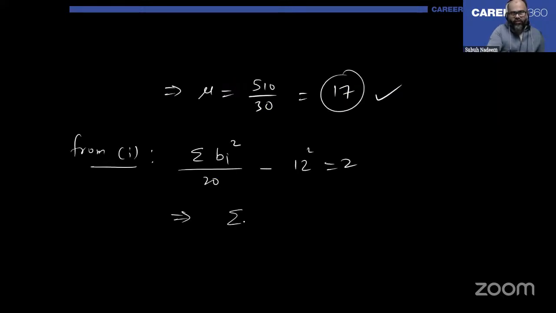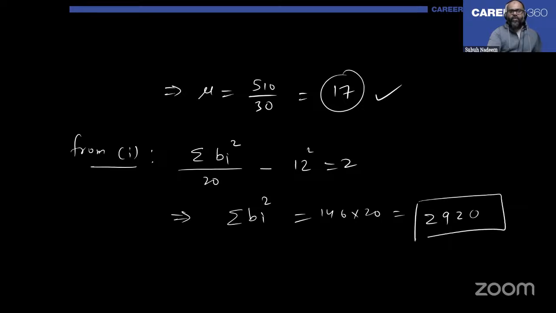So sigma of Bi square is equal to 12 square, which is 144, plus 2, it will become 146, into 20. So this is 2920, sigma of Bi square.